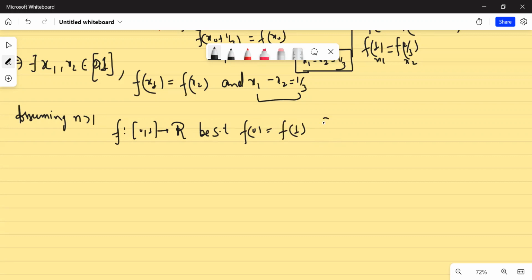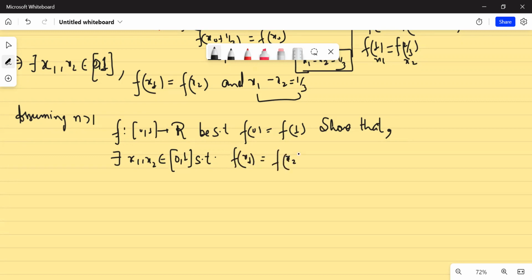Show that there exists x1, x2 belonging to [0, 1] such that f of x1 is equal to f of x2 and x1 minus x2 is equal to 1 upon n. For this also you can prove the same, on the same lines.